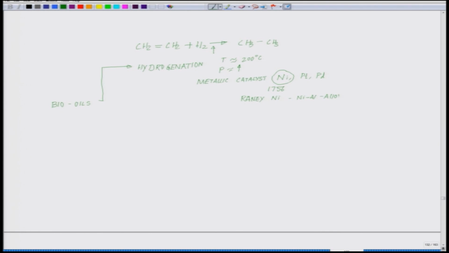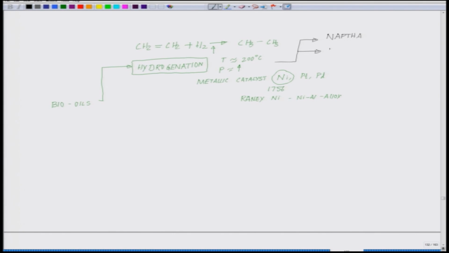So, this is how the hydrogenation is done, and if you remember in the last class, hydrogenation leads to two things. You are getting naphtha and diesel, and I told you that I will talk later about this.